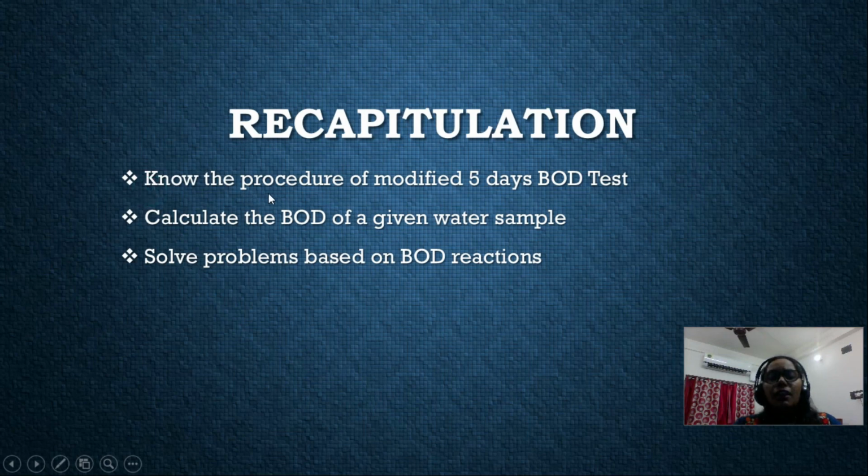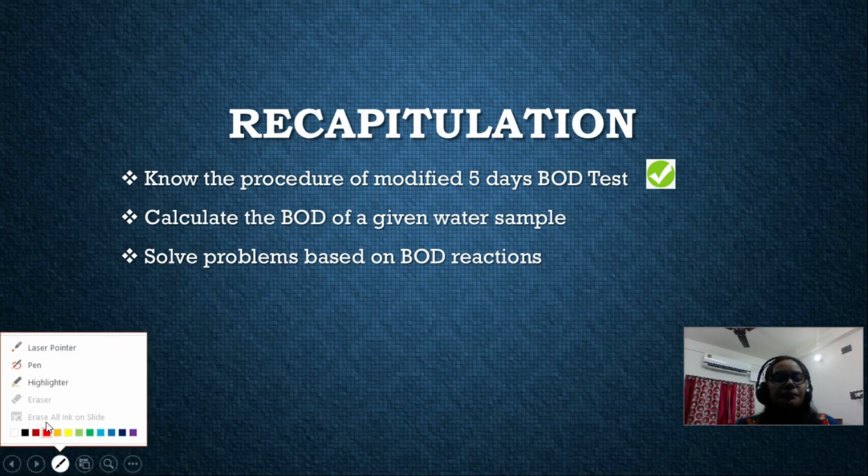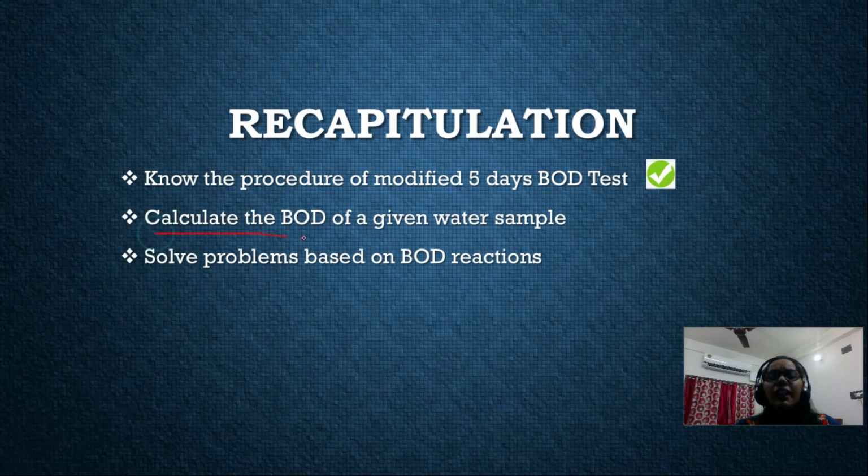Now you know the procedure of the modified 5 days BOD test. Understand? Yes, checked. Next, now you can calculate the BOD of a given water sample.